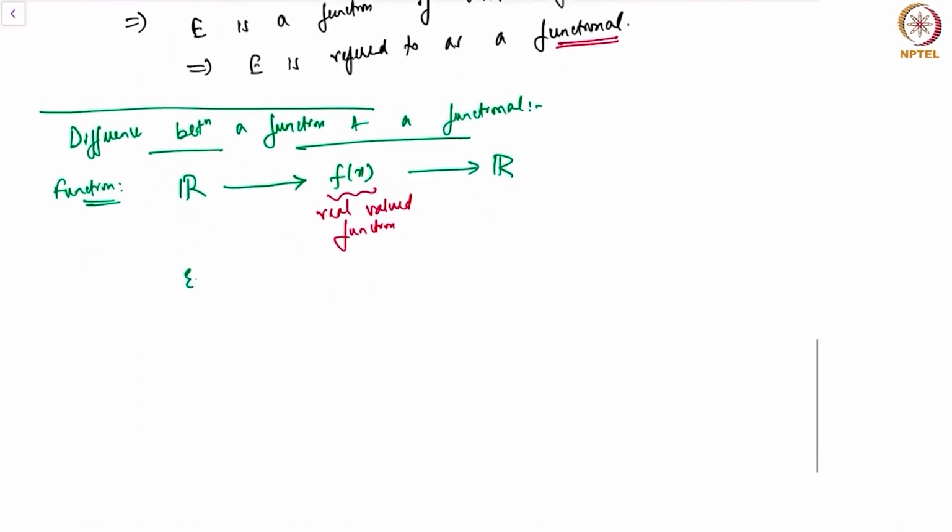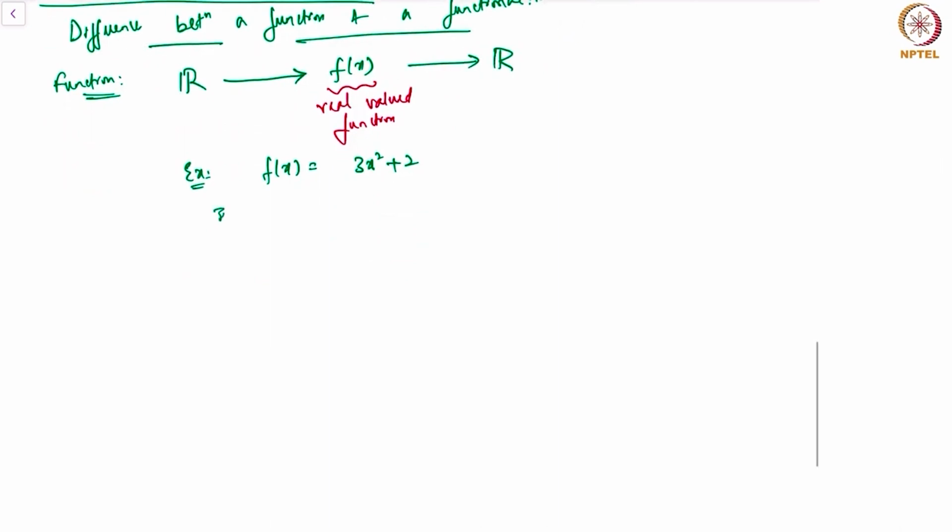Let's consider an example. Let's say if I take f of x is 3x square plus 2. So if x is equal to 2, if I input this into the function, this quantity is a real number.